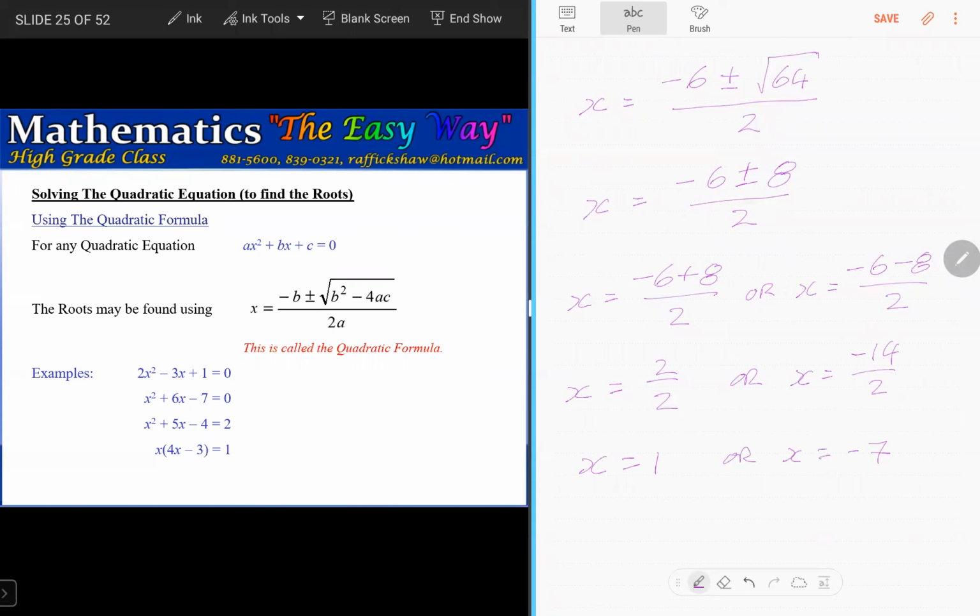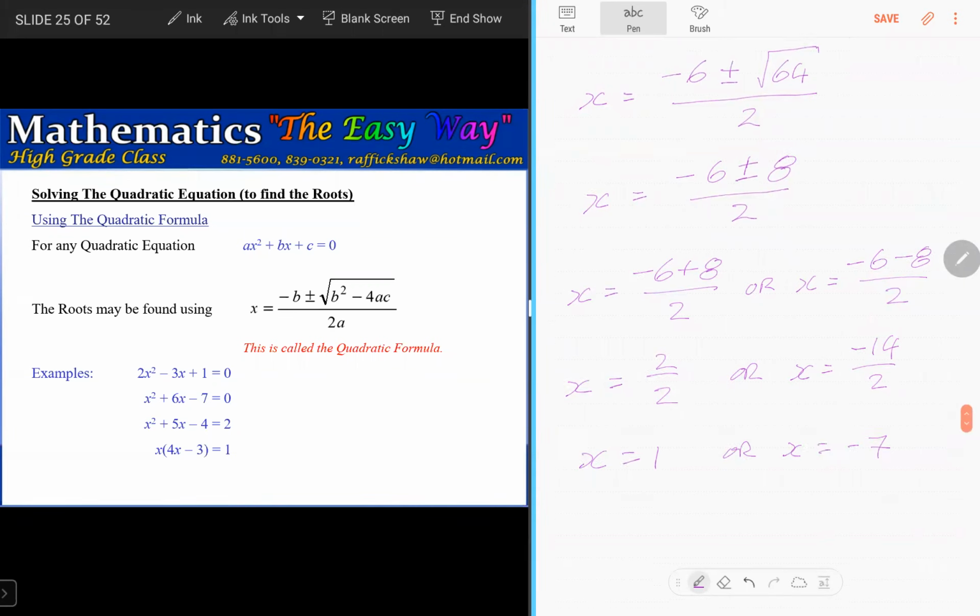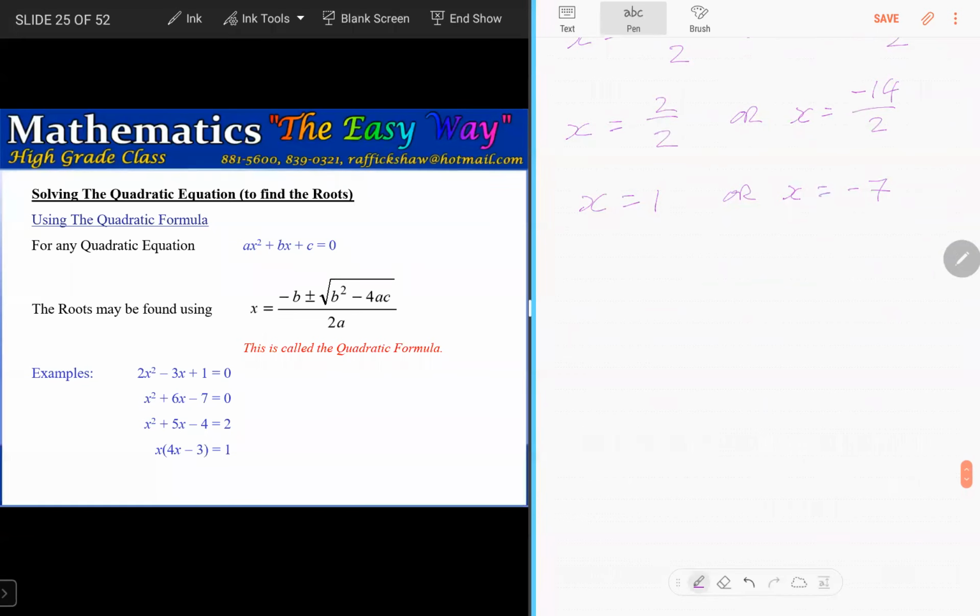Those are your two roots. And if I want to relate these two roots now to the function, I relate the equation to the function, x squared plus 6x minus 7 that we got the equation from. The function would be a smile with roots 1 and minus 7. So it will be like this.